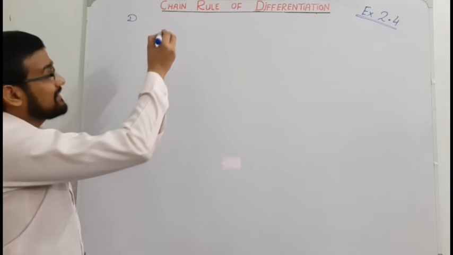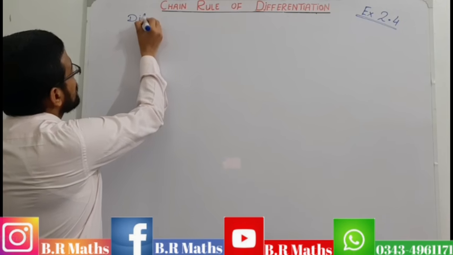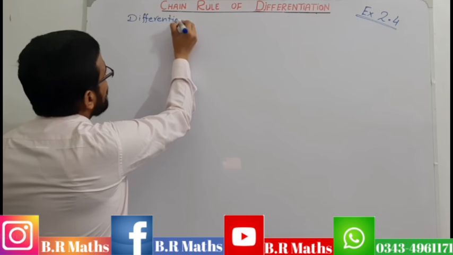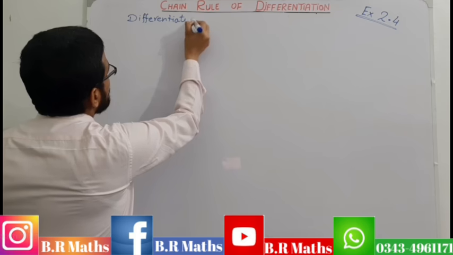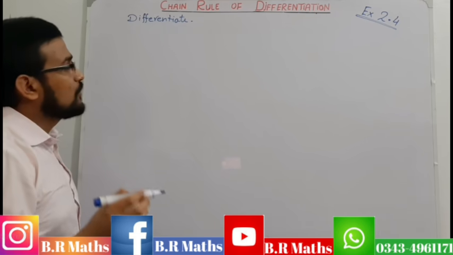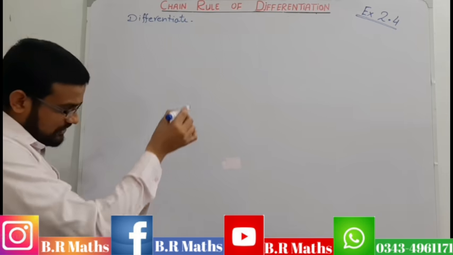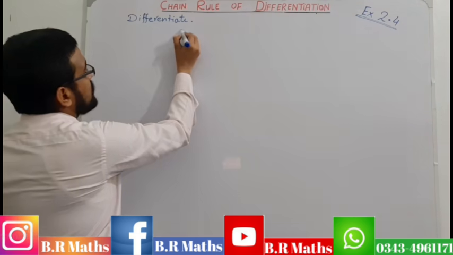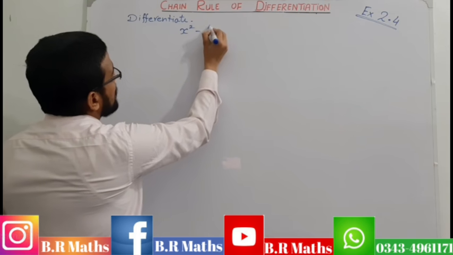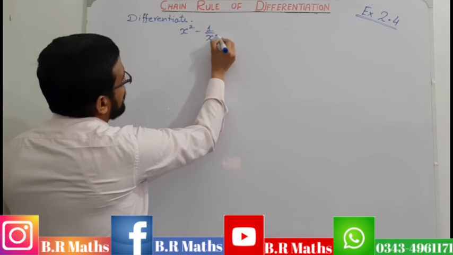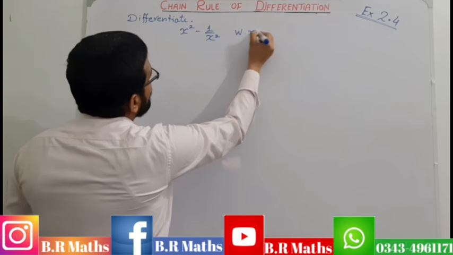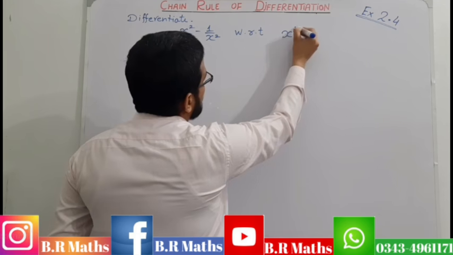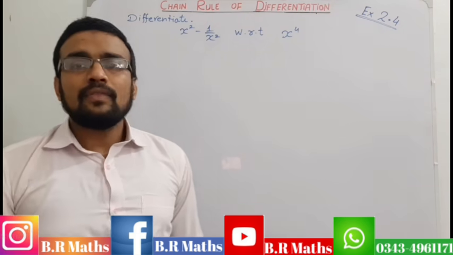Yes, students, the next question. Differentiate a function with respect to another function. The question is x square minus 1 over x square, with respect to x to the power 4.